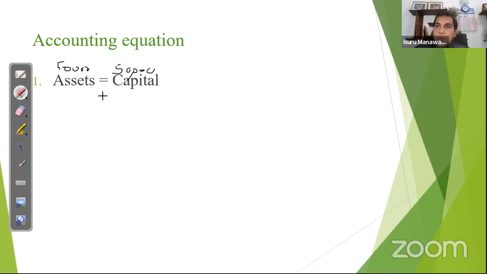So can you propose a value? How much are we going to obtain? Let's say we are going to obtain from a government bank, for instance BOC, 500,000, right? In order to run the business smoothly, we need to obtain a loan from an outside bank. Now, how does that transaction affect this equation?